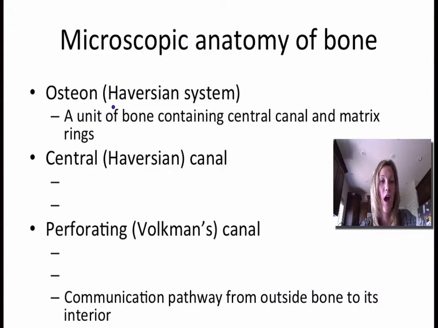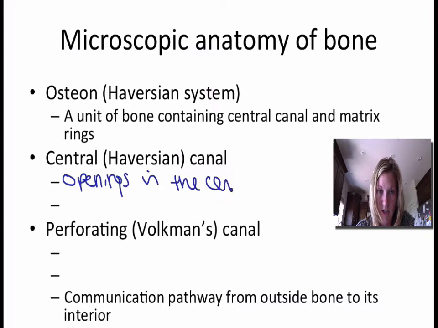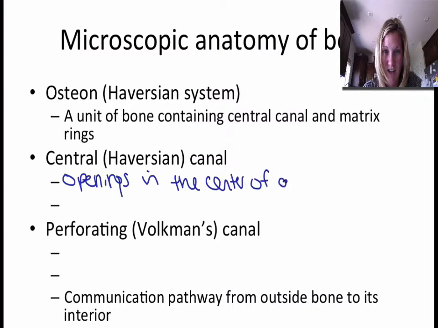Okay, so an osteon or a Haversian system is a unit of bone containing a central canal and matrix rings. A central canal is made up of the openings in the center of an osteon.